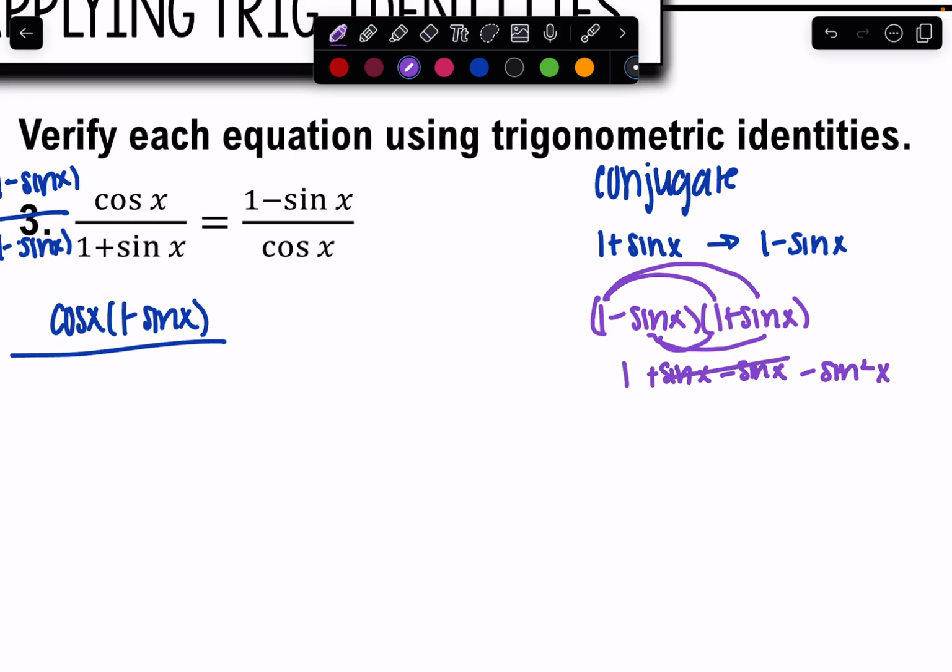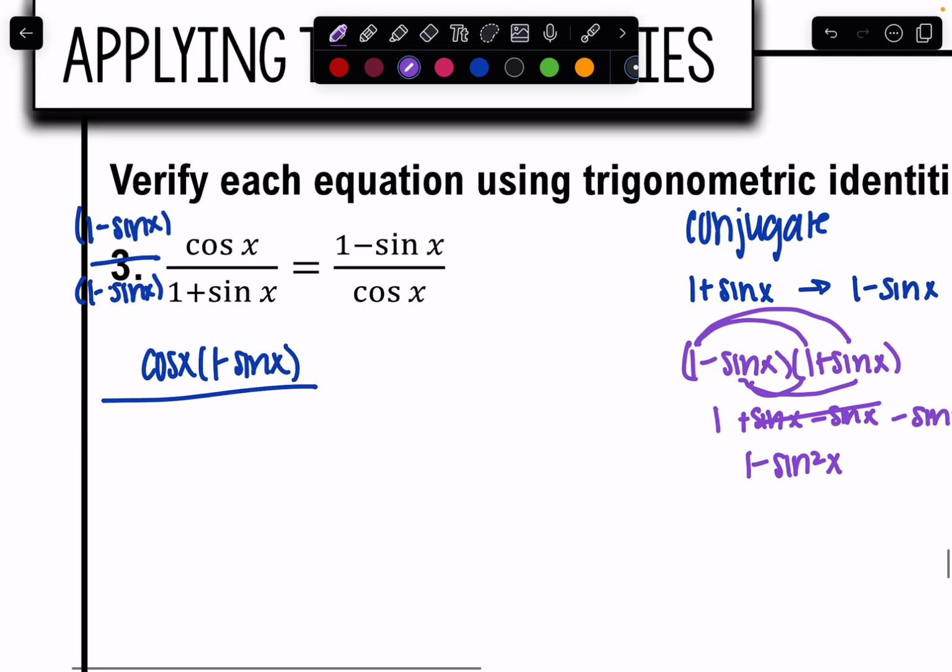So again, we use the conjugate if I'm trying to clear out these middle terms. If you multiply by the conjugate, one's going to be positive, one's going to be minus, so those middle terms are always going to go away, and look at what I have now. I have 1 minus sine squared, okay? I increased the amount of sines that I have. And I can do this because I multiplied by top and bottom. I'm not changing the value, I'm just manipulating it. So if you're ever stuck in any math problem, this is a really good skill to have.